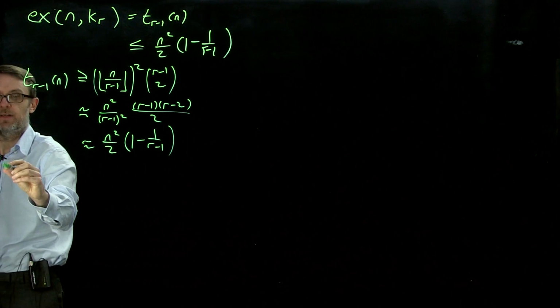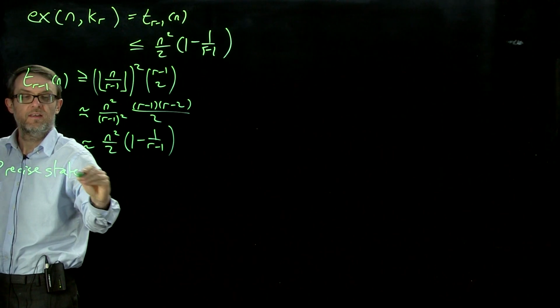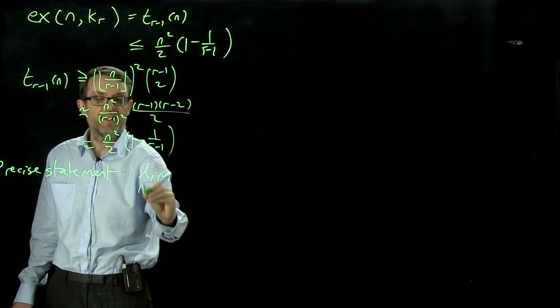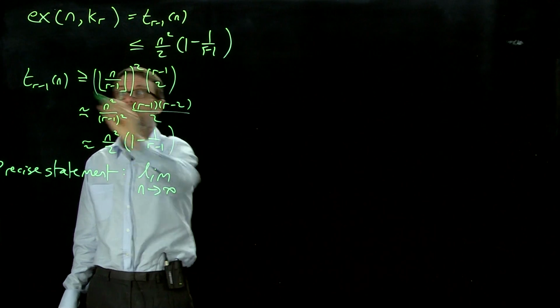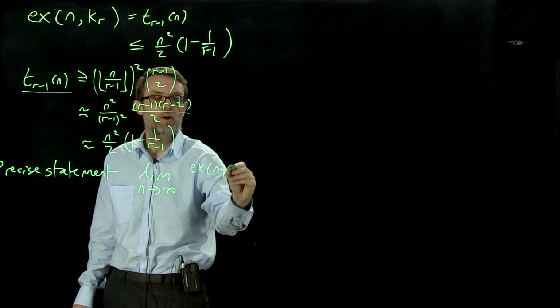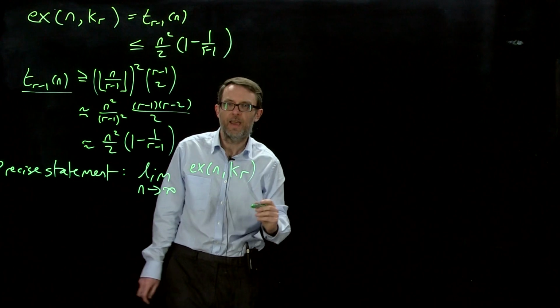The precise statement is that if I look at the limit as n goes to infinity of the number of edges in the Turan graph, but we have Turan's theorem, so we already know that this is the extremal number for excluding K_r.